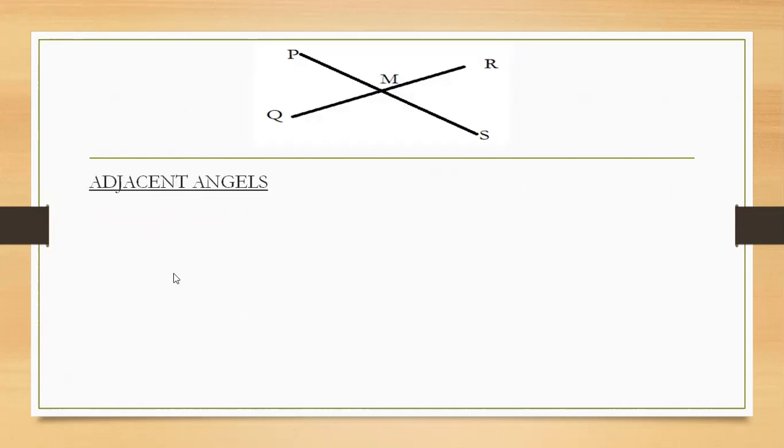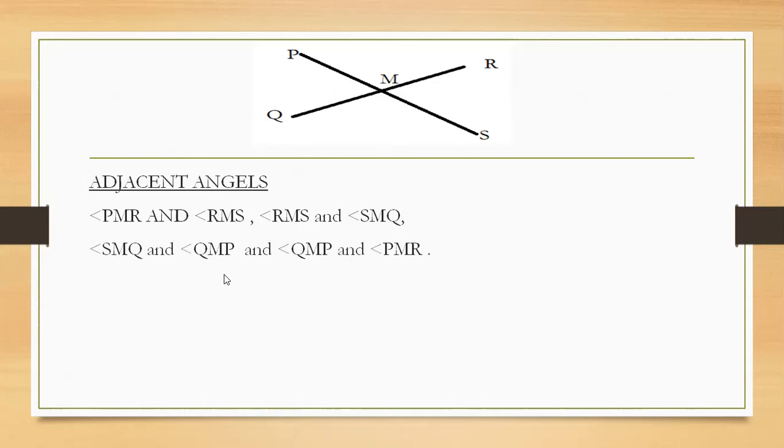First, the adjacent angles. PMR and RMS, similarly RMS and SMQ, SMQ and QMP, and QMP and PMR.